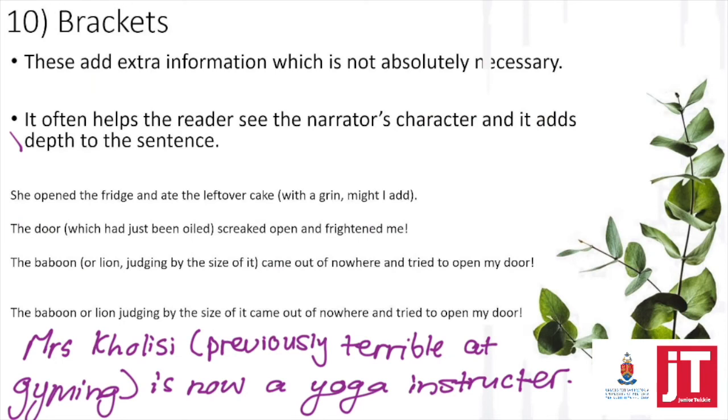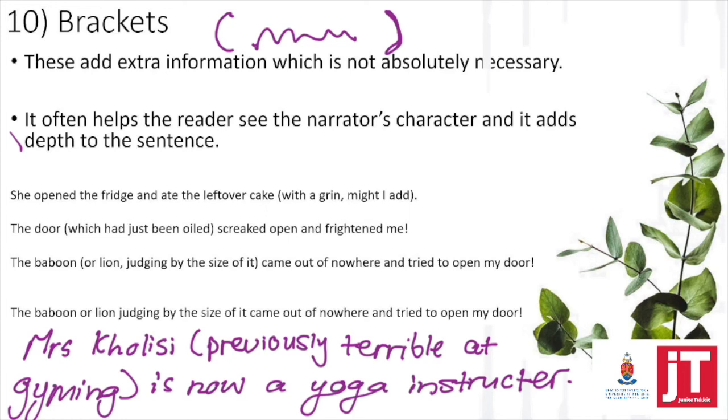Let's move on to brackets. Brackets look like so. Okay, and then you have your information in the middle, and then you close them like so. That is what a bracket is for. The reason for these symbols, which look like so, not great with the pen yet, is that they add extra information which is not absolutely necessary.